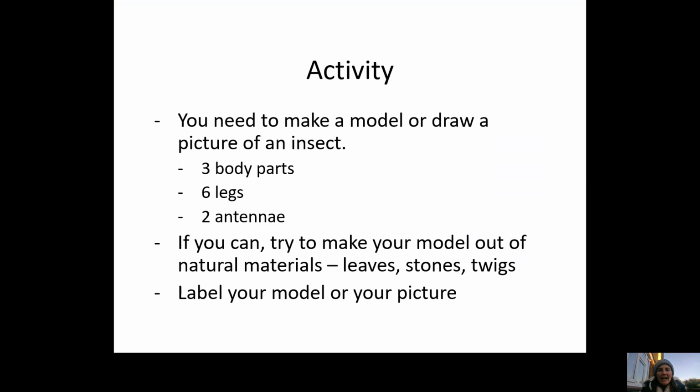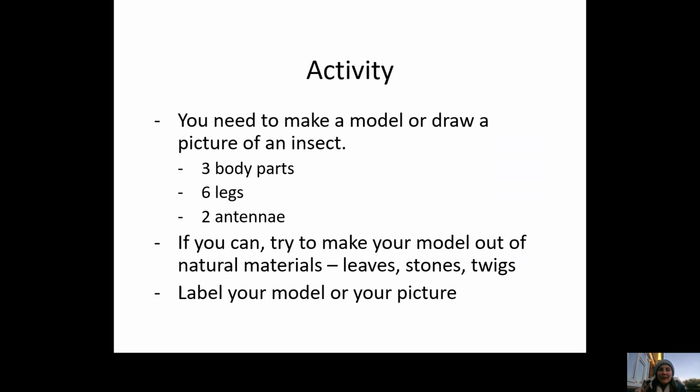So, your activity today is you need to make a model or draw a picture of an insect, and it can be whichever insect you would like to choose. But the 3 things that you really need to remember are, it needs to have 3 body parts. Your insect needs to have how many legs? 6 legs, well done.